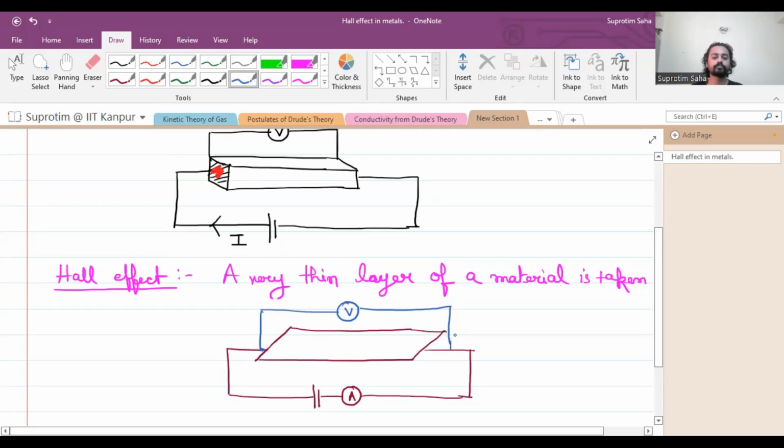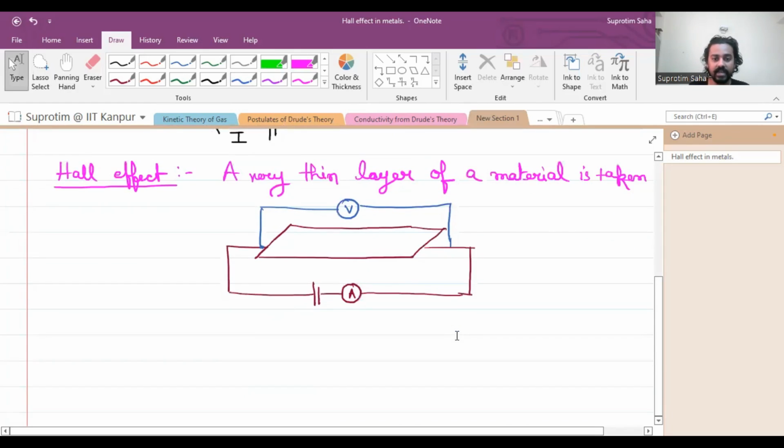Sending in a current means you apply an electric field across the length of the conductor. So you are sending current across this direction. Conventionally, the charges move along the opposite direction to that of the current, so the electrons, the charge carriers, move along this direction.